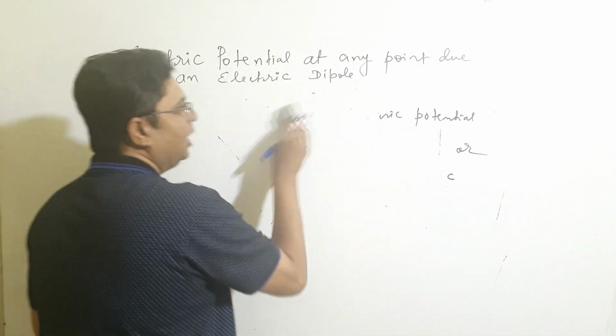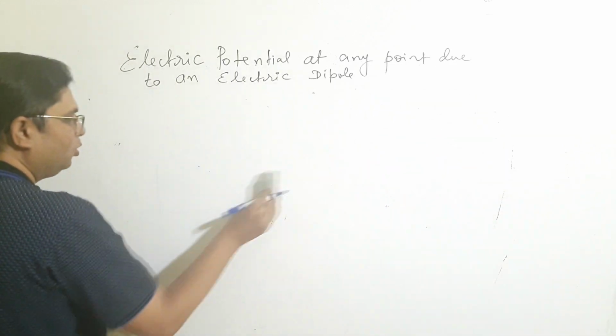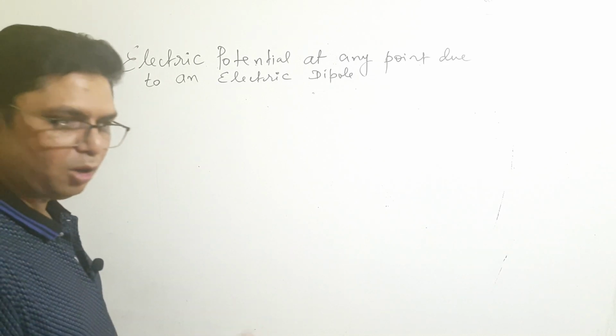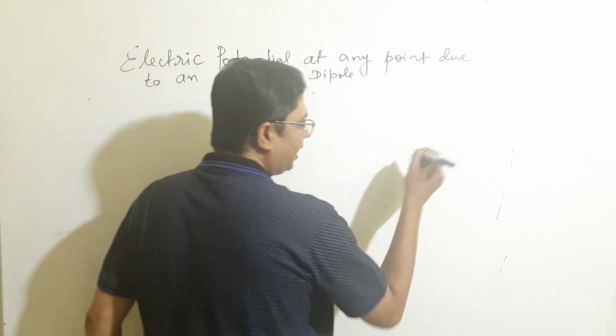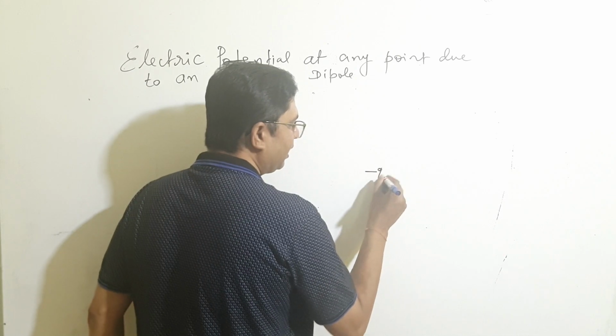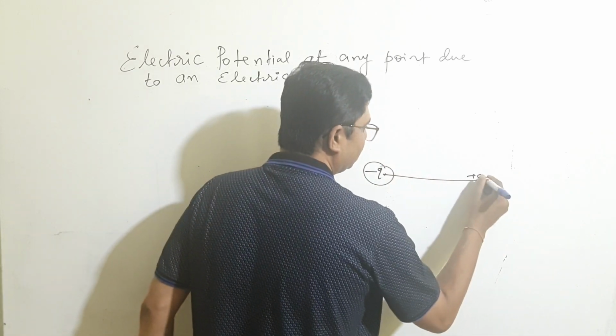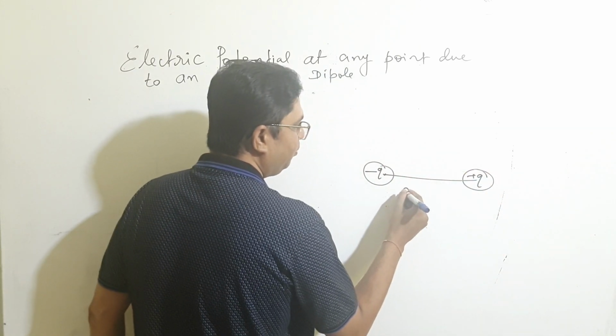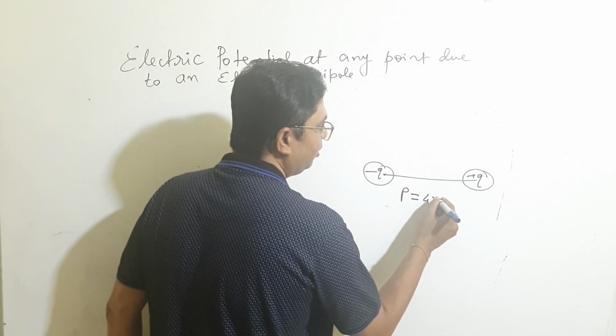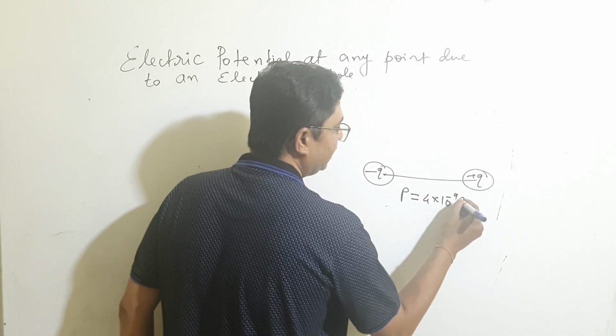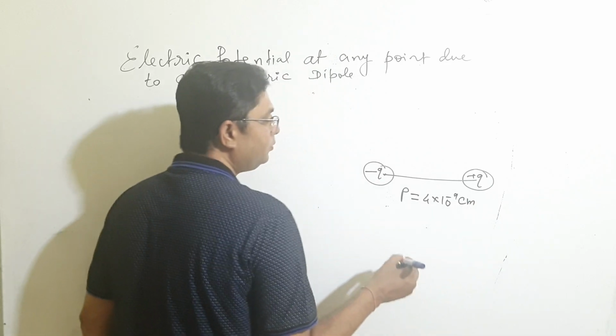Let us see a numerical based on the theory which we have learned till now. For that, here I am taking a dipole. This is a minus q charge, this is plus q charge. Dipole moment P is equal to 4 into 10 to the power minus 9 coulomb meter.